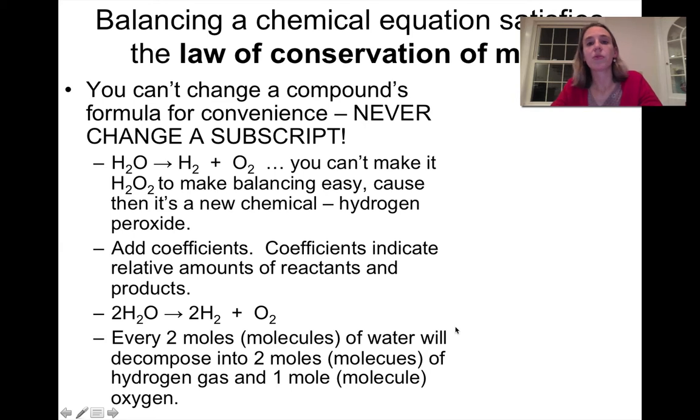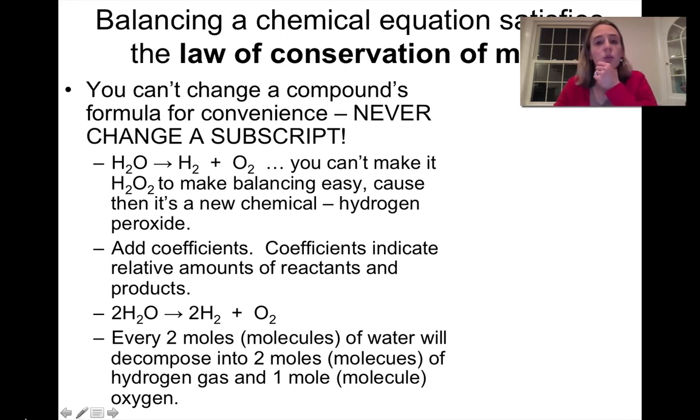Okay, so now moving on to how you go about that process, rather than drawing out lots of cartoons and trying to count up atoms. First thing to keep in mind is you can never, ever, ever change the subscript on a compound. It would have been really easy when we were just working with the production of water to change the formula of water to H2O2.